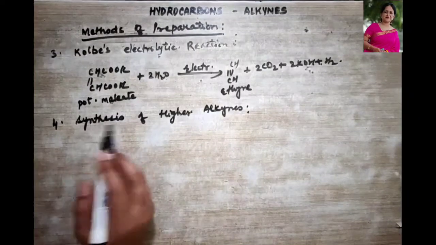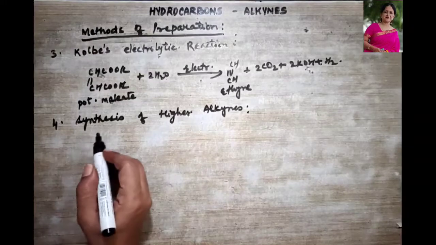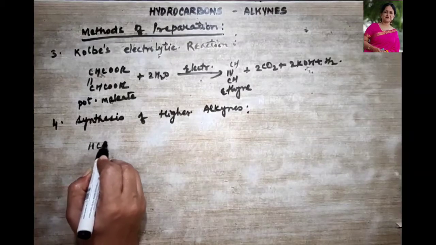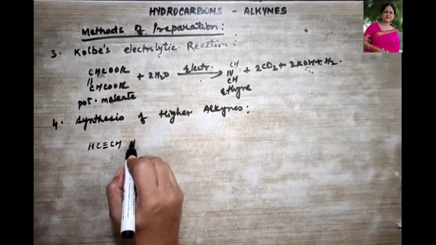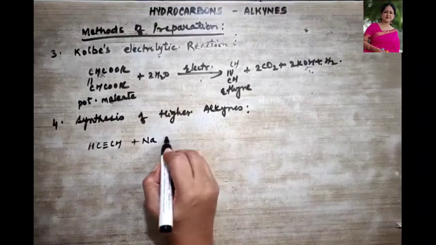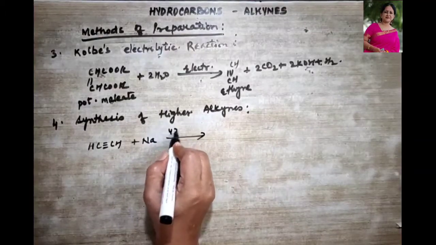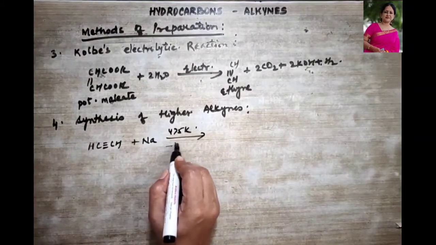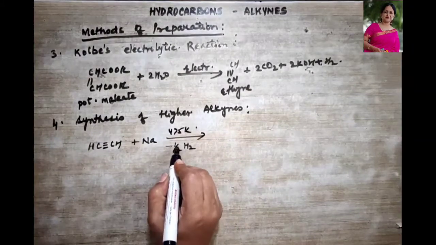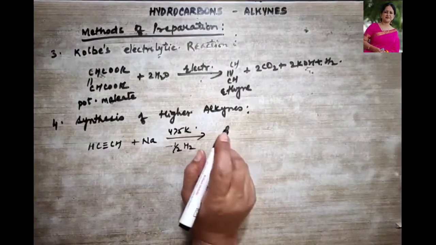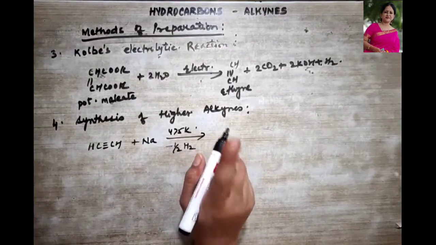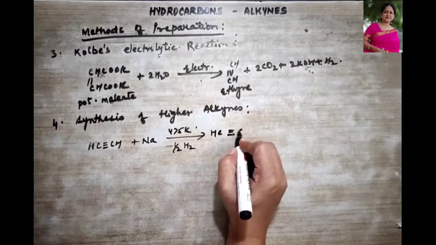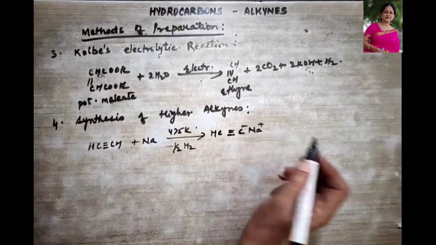So let's see, the lower alkyne could be your ethyne. So let's take this ethyne, HC≡CH. It is treated with sodium at 475 Kelvin, and this is going to remove half of the hydrogen molecule. What is the first product? It is going to give us sodium alkynide, that is HC≡C-Na, this is plus, this is minus.